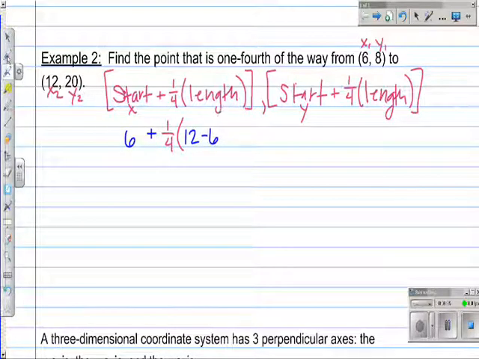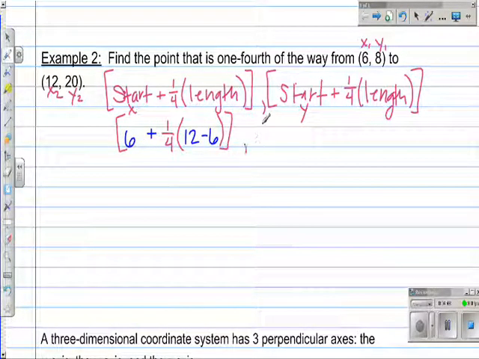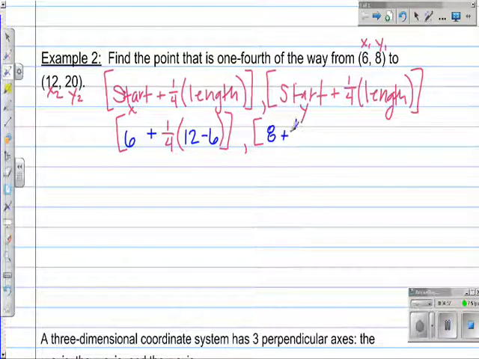Because you know that when you're finding length, it's going to be that distance. So 12 minus 6, you know that from 6 to 12, you're going 6 units. 12 minus 6 will tell you that. And so this right here will give you your x value, comma, your starting y value is 8. So you take 8 plus 1/4 of your length, and your length for y is going to be y2 minus y1, so 20 minus 8.